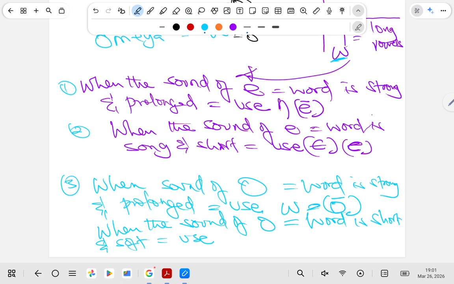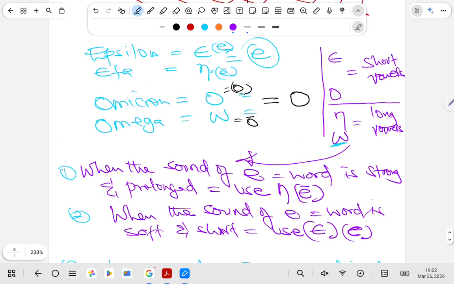In this case, we use Omicron, which would be written as the normal O without a bar on top. Okay, I think you now get how these are used in comparison to the rest.